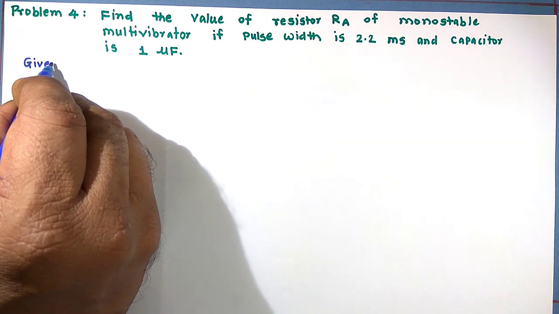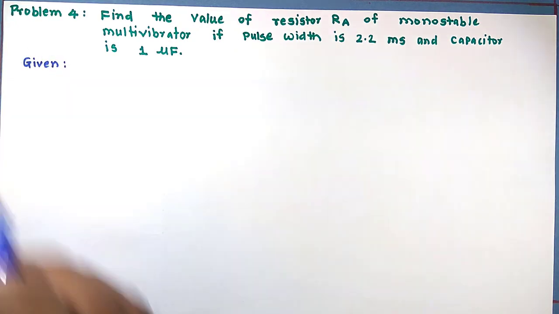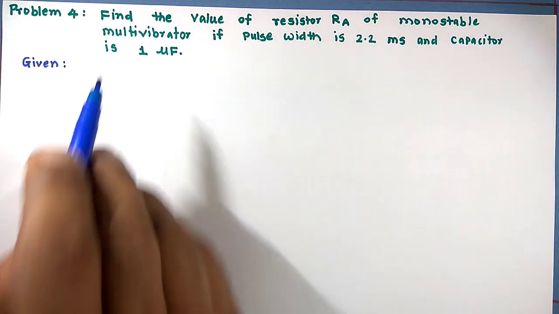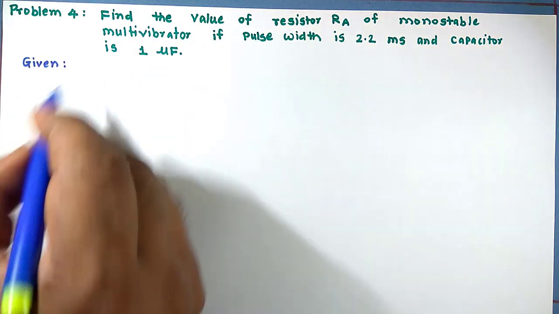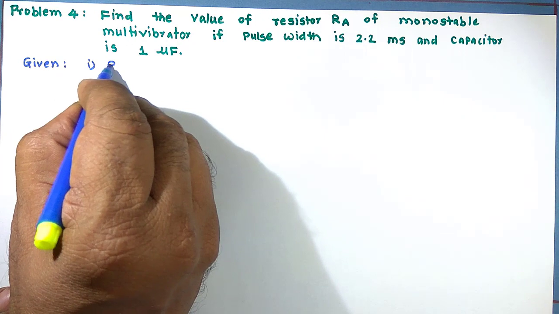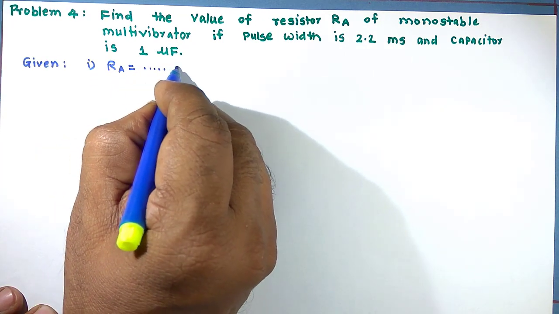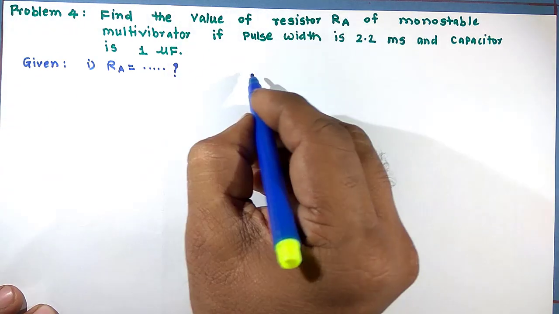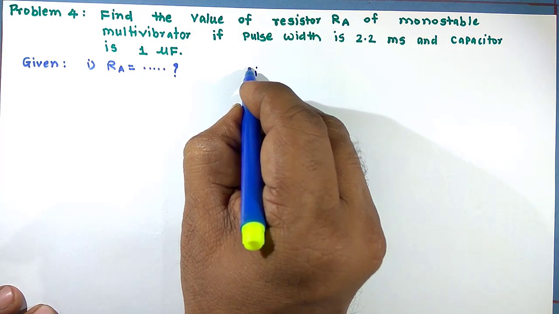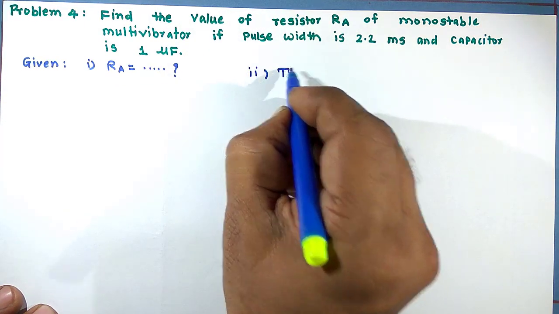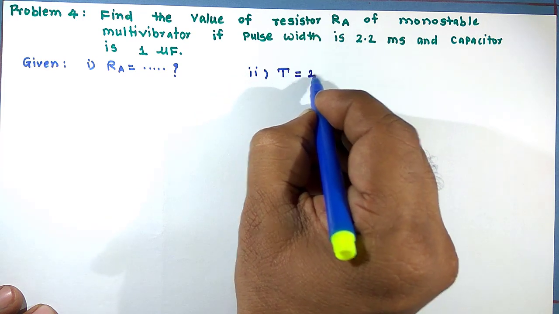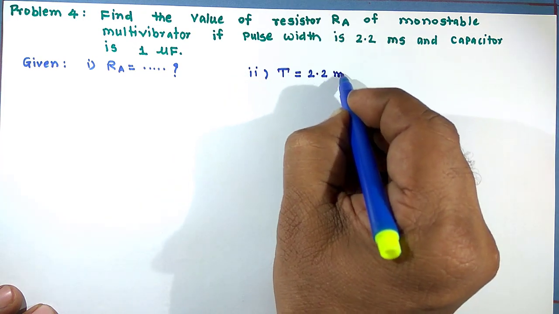First we note down given values. Find the value of resistor RA. So remember that we have to find value of RA over here. Pulse width of monostable multivibrator is given and it is 2.2 millisecond.